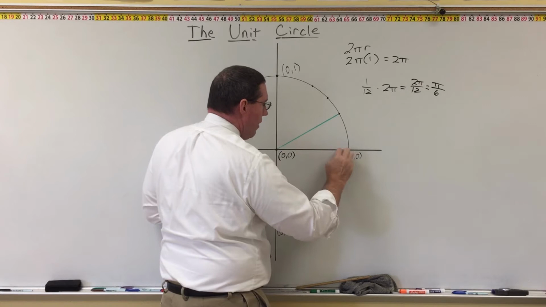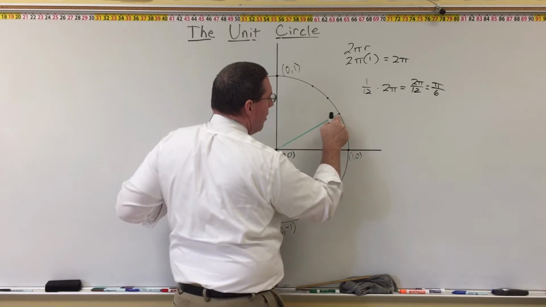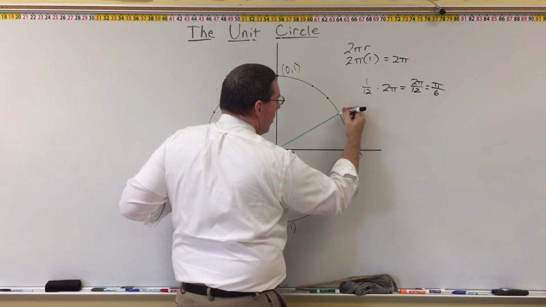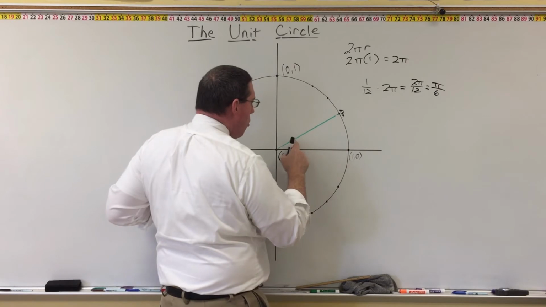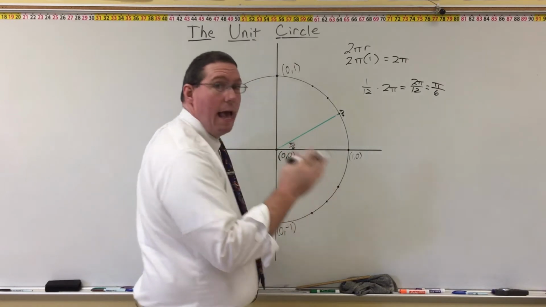So here's the initial side of the angle, and here's the terminal side of the angle. And because the terminal side of the angle hits the unit circle at pi over 6 radians, we call that angle a pi over 6 radian angle.